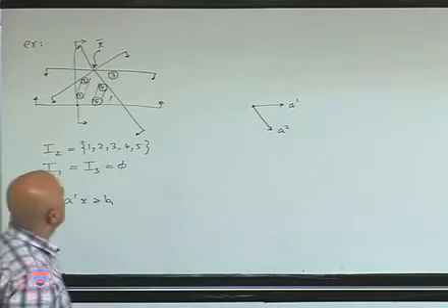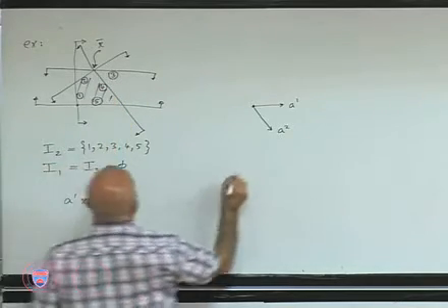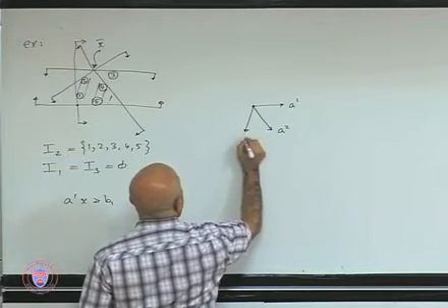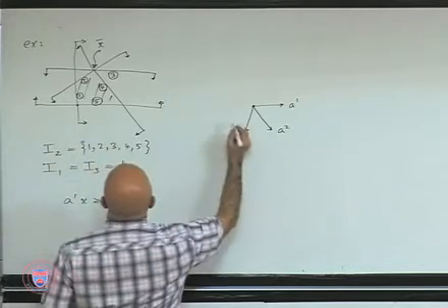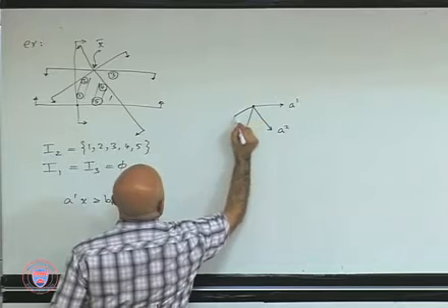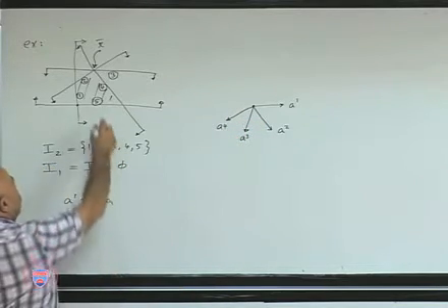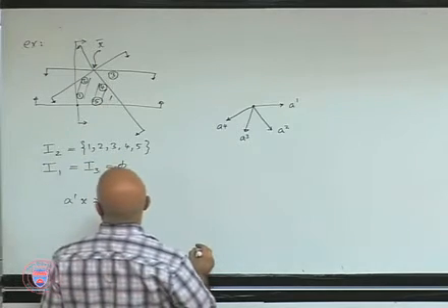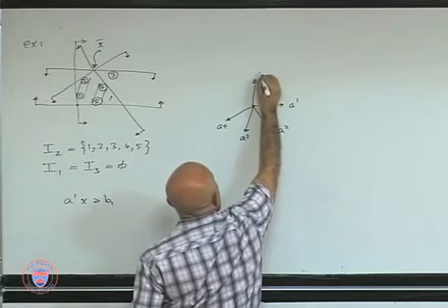A3, associated with this redundant constraint, points something like this. A4 points this way. These should be orthogonal to the defining hyperplanes. And A5 points which way? Up, right? That's your A5.